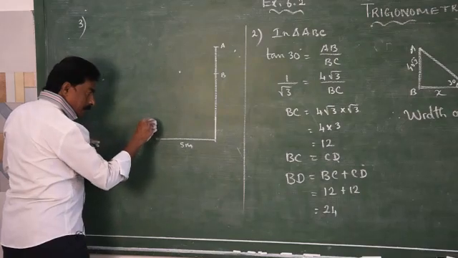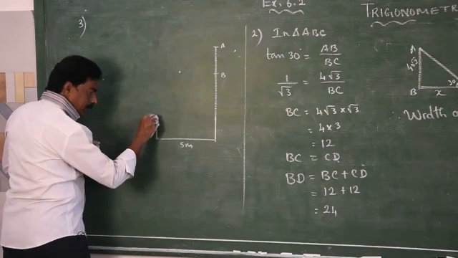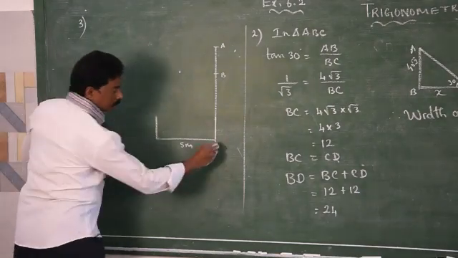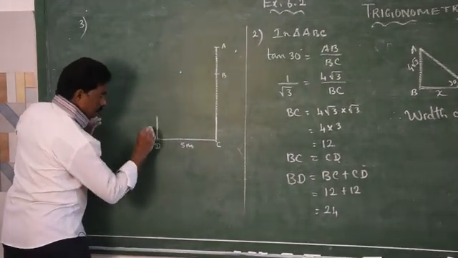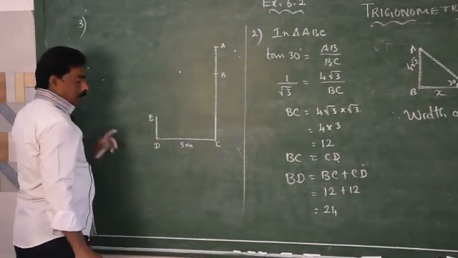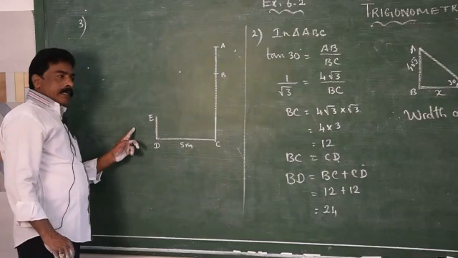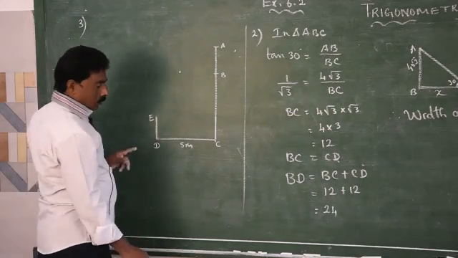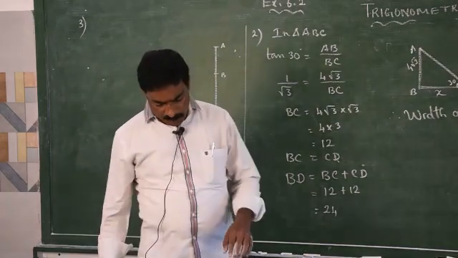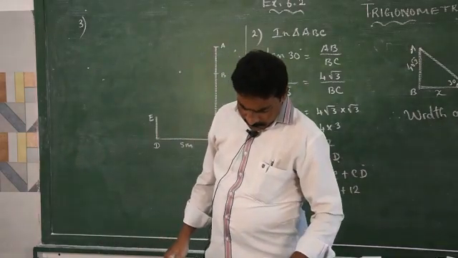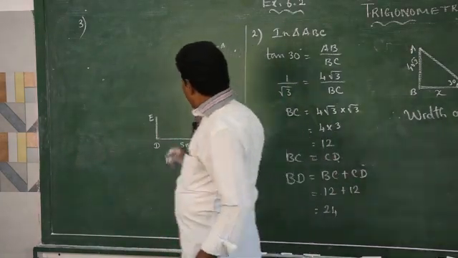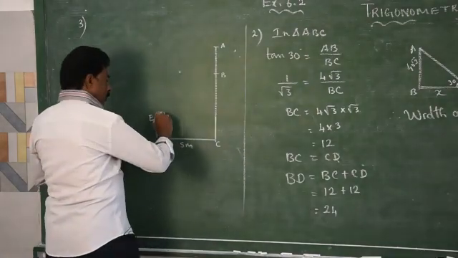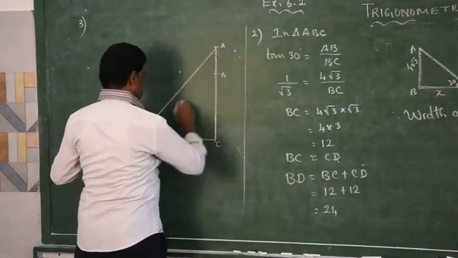The height of the man is 180 centimeters. This is in meters, this is in centimeters. So, you have to change either one. What is given? The angle of elevation of the top and bottom. So, this is a window, A and B is a window. So, top and bottom.